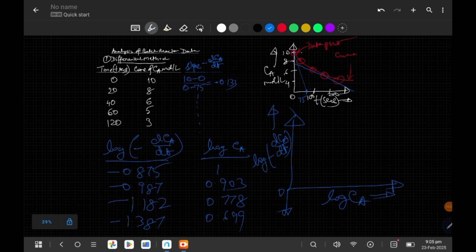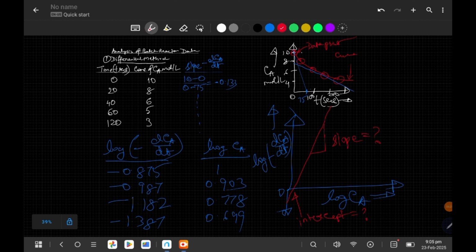Alright, so what we get here also is a curve like this. Next, we will have to calculate the slope of this curve, and we will also have to calculate the intercept. Alright, now the question is why.